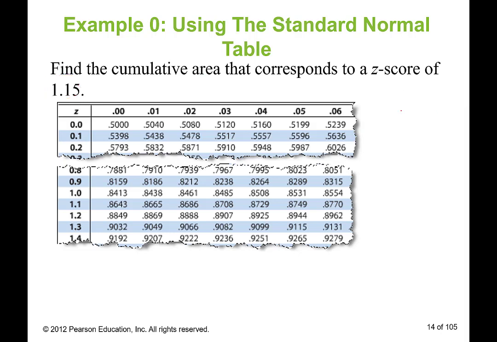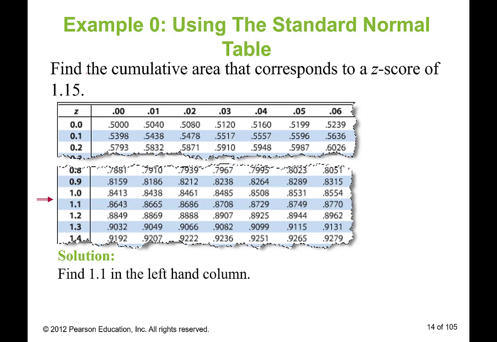So we're going to get out our standard normal table, and we're going to look for 1.1 along this first column, and we're going to find it right there. That corresponds to the 1.1 in the z-score. And then we're going to go across the top until we get to the 0.05, and that's going to correspond to that last digit.